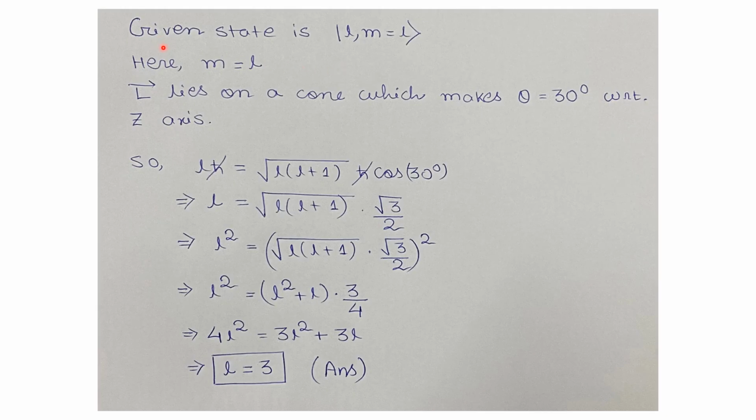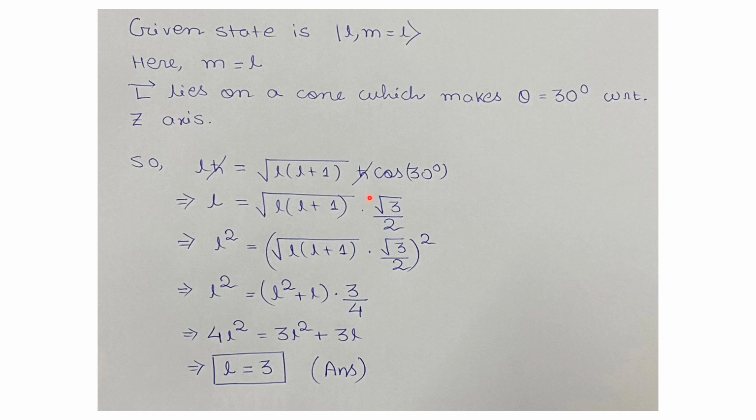According to the question, it is given that the state is L comma m where m equals L. Again, the orbital angular momentum vector L lies on a cone which makes an angle 30 degrees with respect to the z axis. So we'll put m equals L and theta equals 30 degrees in the previous equation.